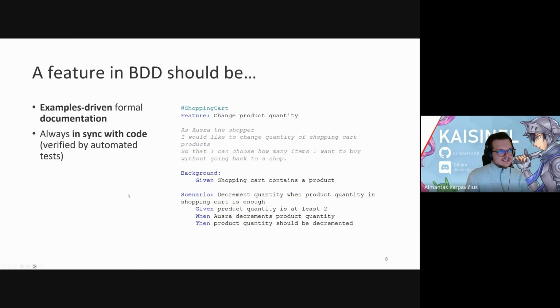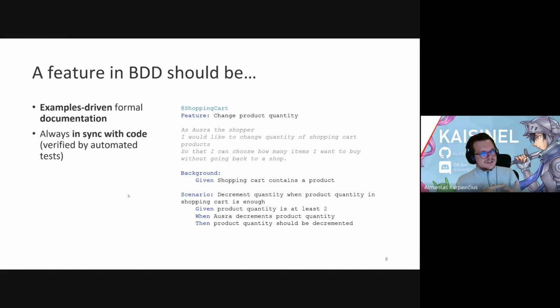A feature in BDD should be example-driven. So it's not just a tool for automation, it is documentation. And since it's tests, it has the potential to be automated tests. You basically have documentation that's tested, and therefore you can trust that documentation because it's always in sync with tests, in sync with code.